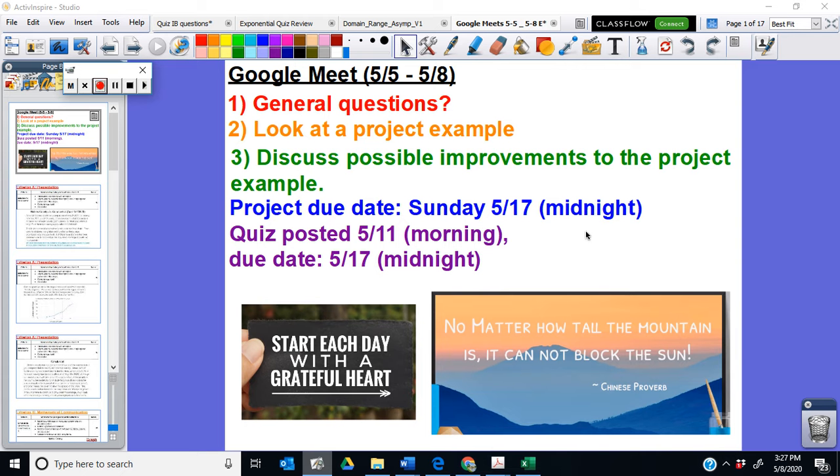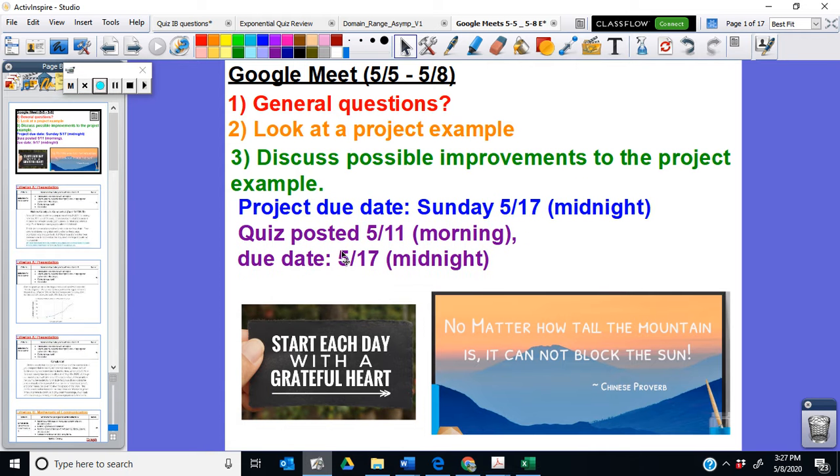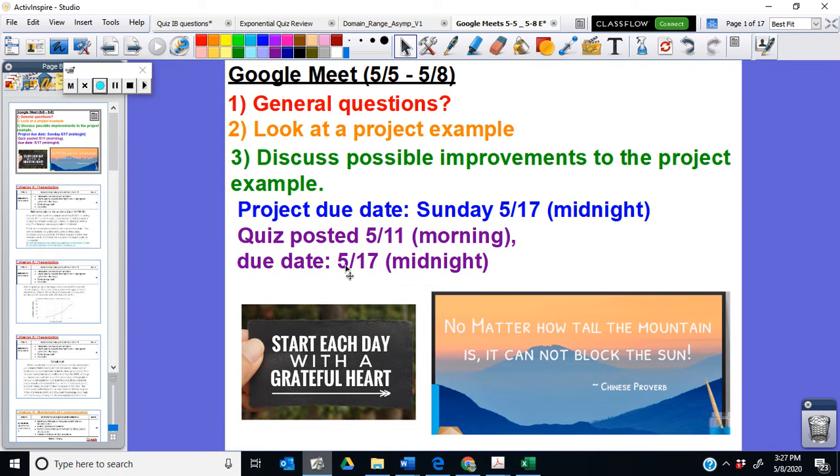Also, on Sunday night, students that chose the quiz or also didn't choose a project will be sent a quiz through CK12 via Google Classroom, and you will also have a Google document or a Google form with IB questions to answer. You will have it posted on Sunday, but it will be due the following Sunday by midnight.